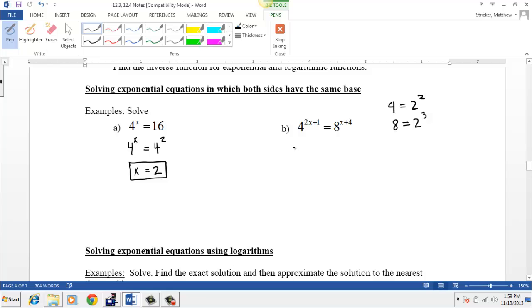So this can be rewritten as 2 squared to the 2x plus 1. And then the right hand side can be rewritten as 2 cubed to the x plus 4.